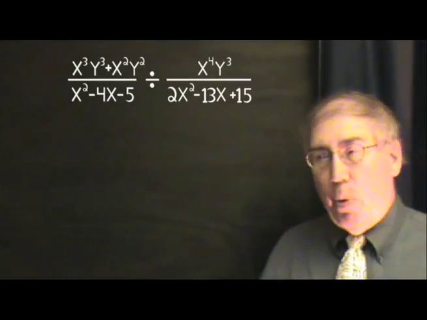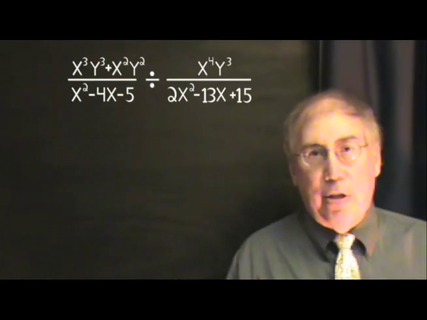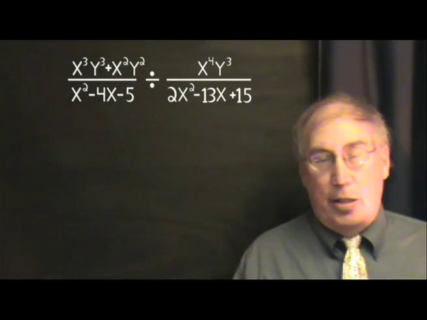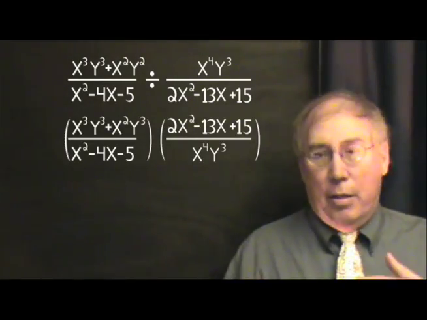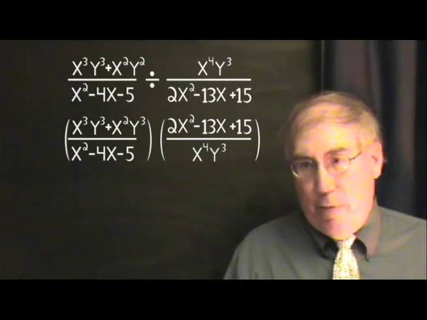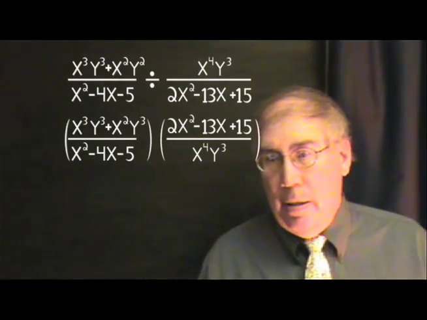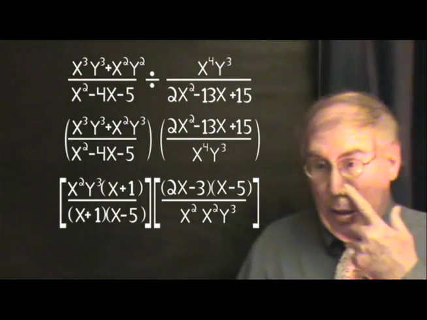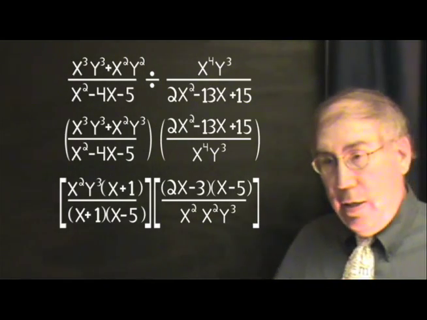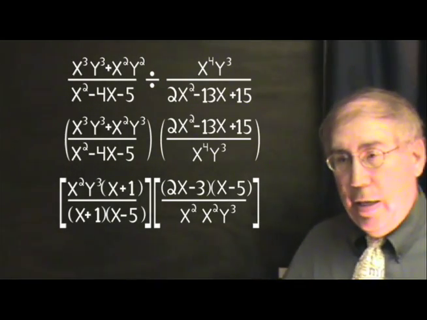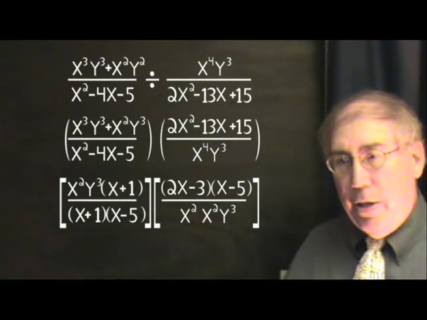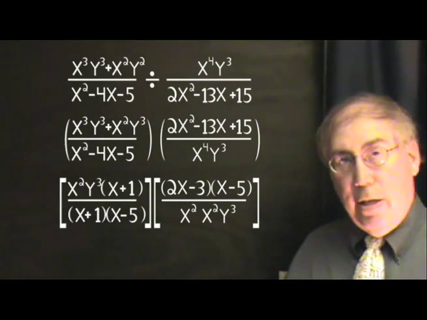Here's the next one, a little more involved, but follow the same steps. Take the second fraction, invert it, and now we got a bunch of factoring to do. And so we'll look at this here. We have an x minus 5 in a numerator and an x minus 5 in a denominator.